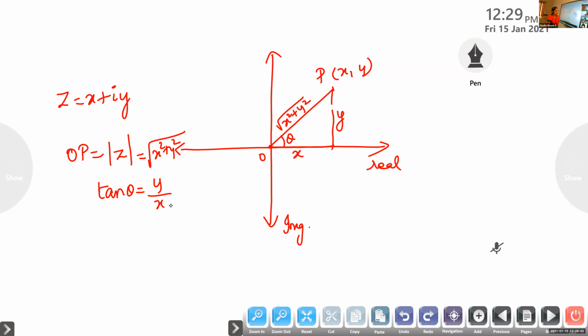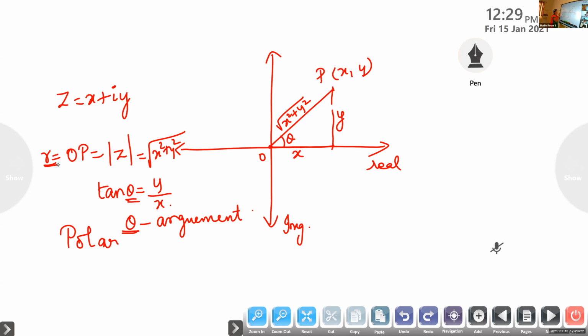So the polar form of a complex number is given by the following. Once you find theta and r, what is r? R is the modulus. This distance, the modulus, we denote as r, and theta is the argument. Once you find r and theta, the polar form of a complex number is given by z is equal to r into cos theta plus i sin theta. What is r?